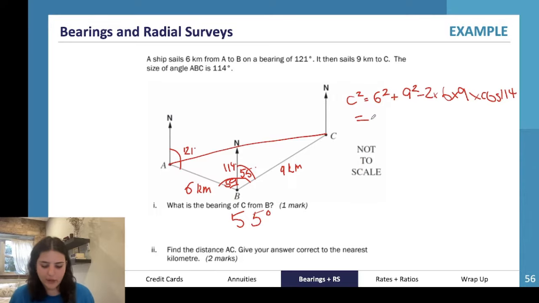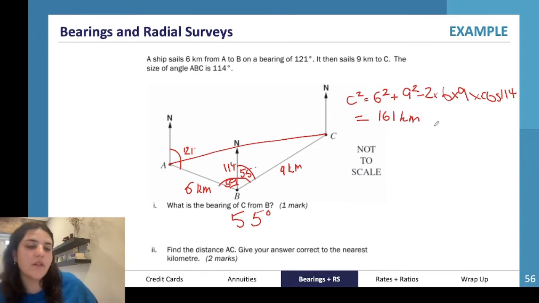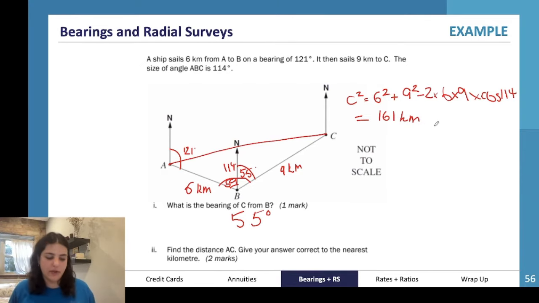So once we pop that into our calculator, 6 squared plus 9 squared minus 2 times 6 times 9 times cos 114. We get 160.92, and it says to the nearest kilometer, so 161 kilometers. That is a kind of more complicated bearing and radial survey question.